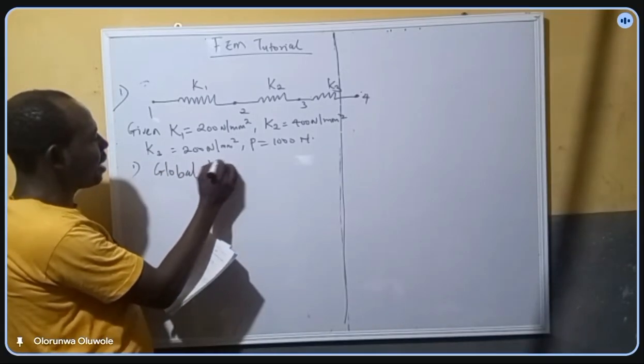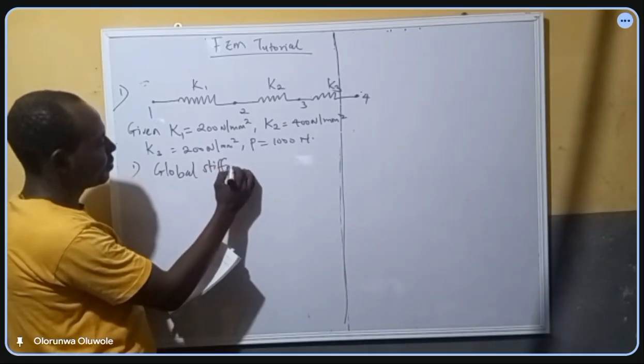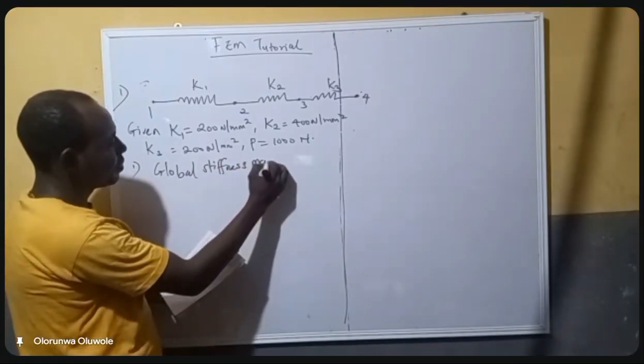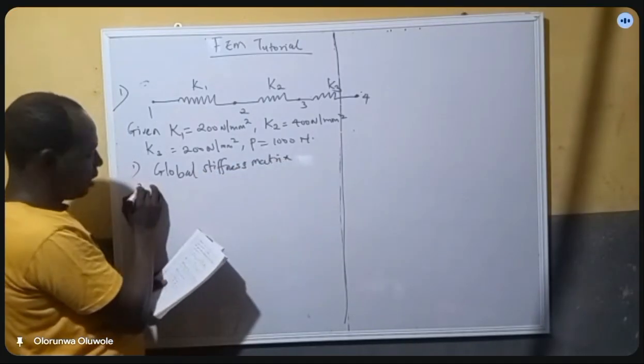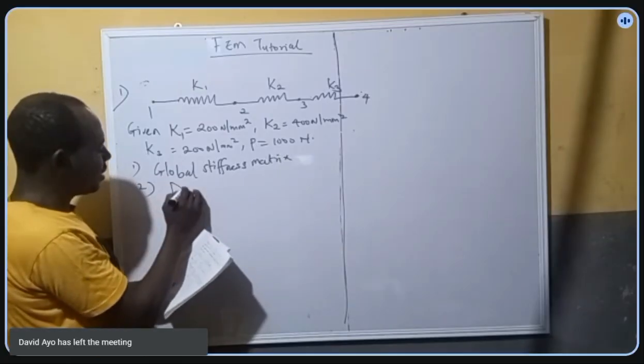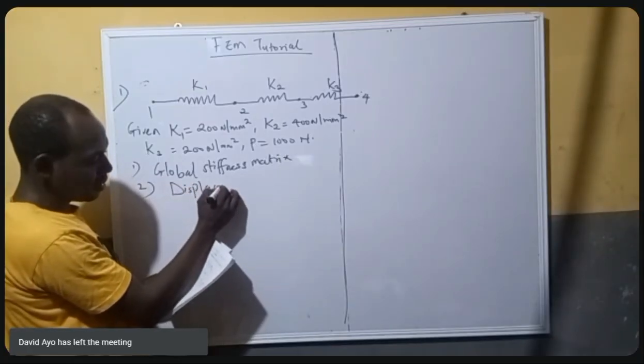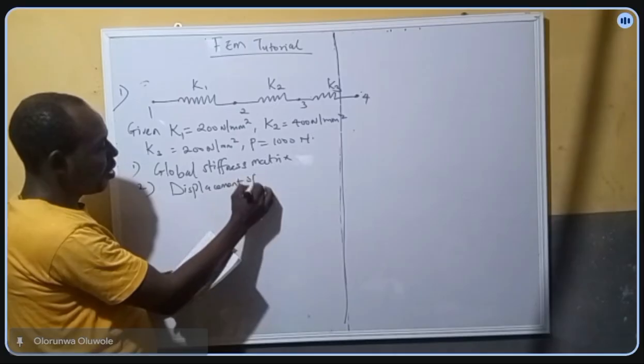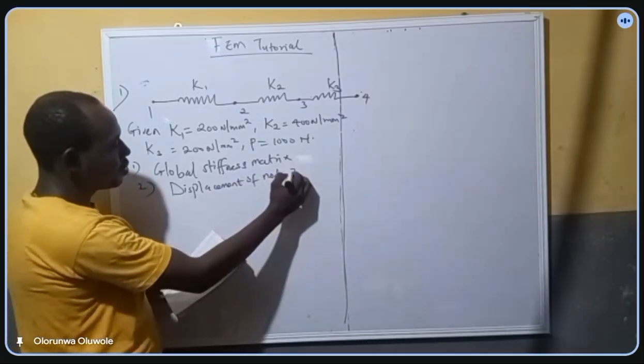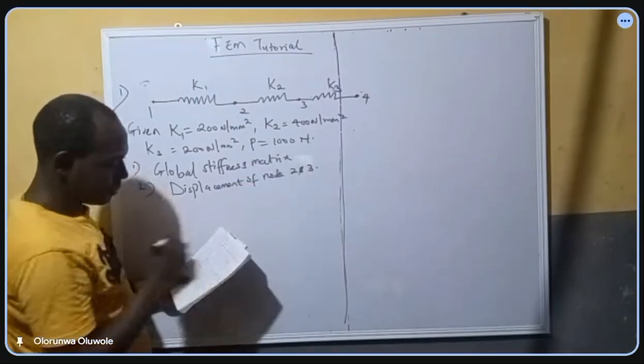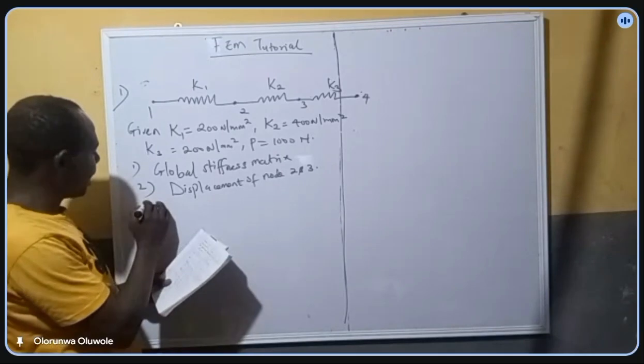That should be the global stiffness matrix. Then the displacement of node 2 and 3, and the reaction.